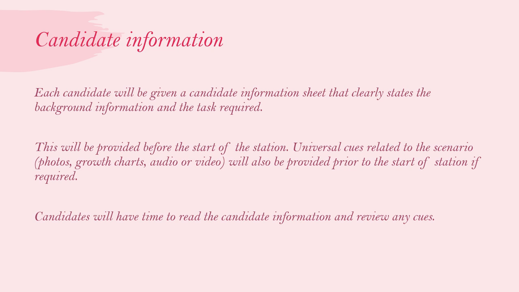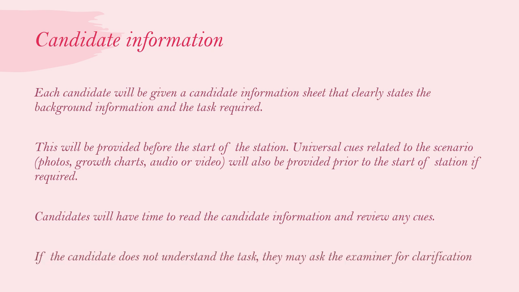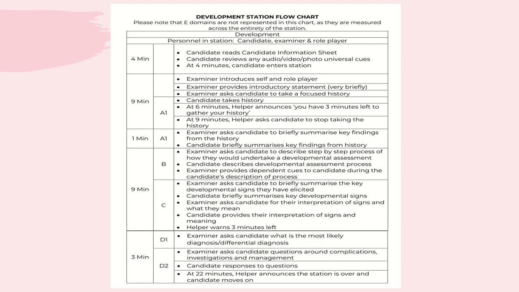During the 4 minutes, the candidate can read the information and write the format for history and assessment. If the candidate does not understand the task, then the candidate can ask the examiner for clarification.